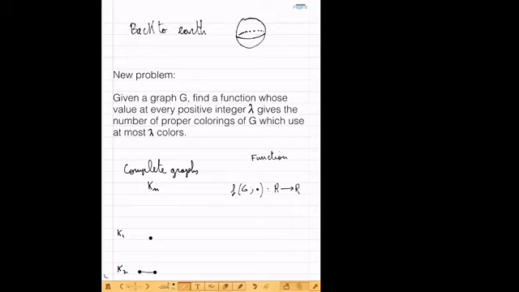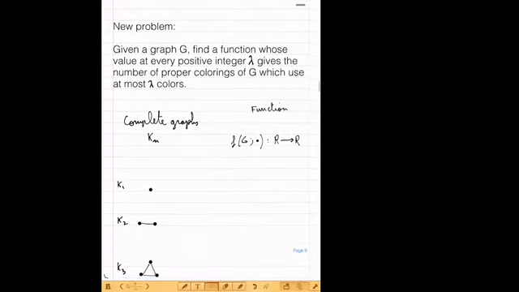So let's look at two extreme cases where this answer is very simple. The first family of graphs for which this answer can be found very quickly are the complete graphs. Complete graphs are graphs where every vertex in the graph is connected to all the other vertices in the graph.